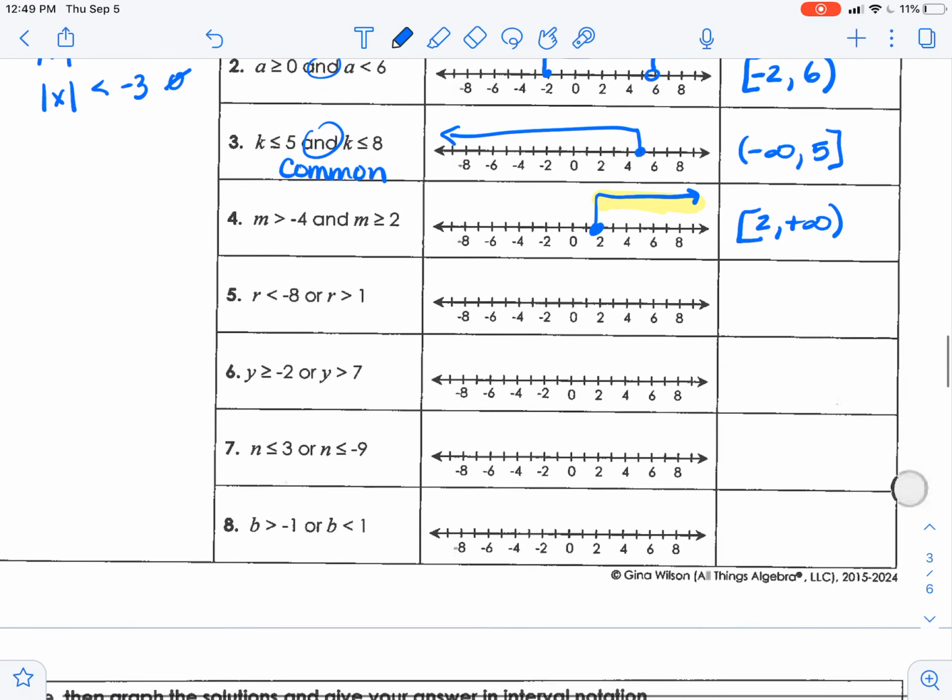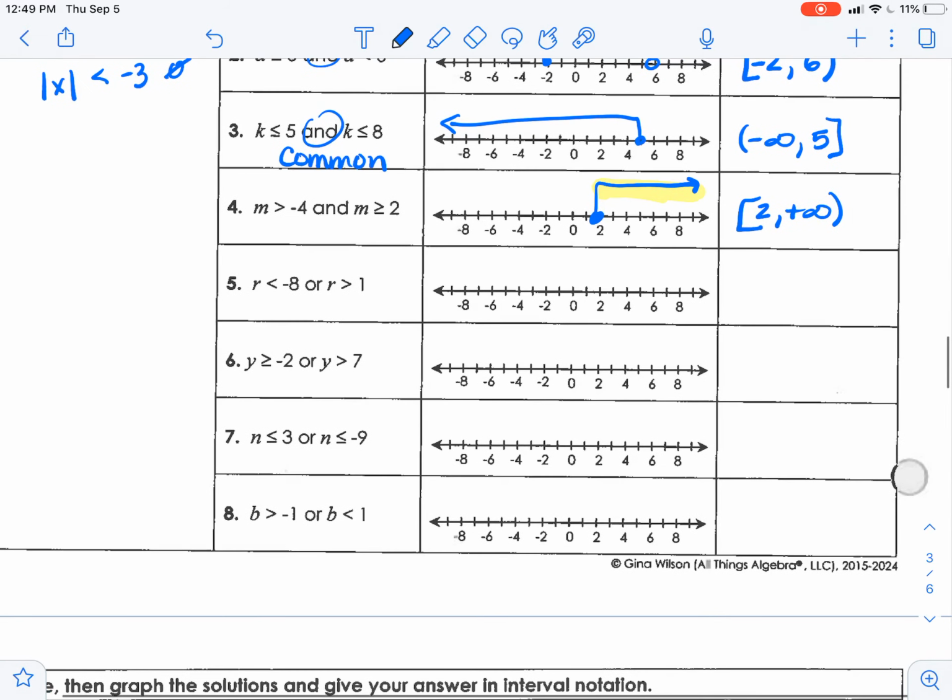Now let's do ors. So ors are going to have the same type of situation, but their answers are going to be different. So let's go to the first one. Less than negative 8, greater than 1. And now the word here is or, which means this time you're just going to join the graphs.